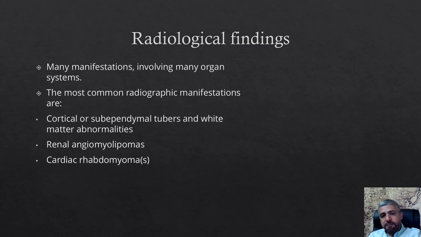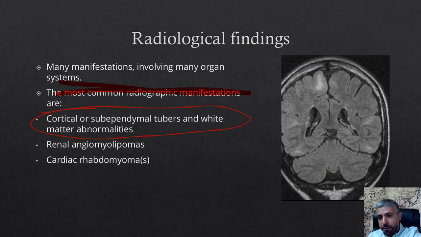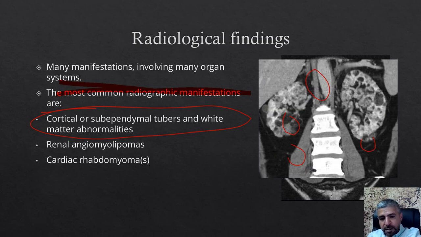For the radiological findings, we have many manifestations involving many organs. The most common radiologic manifestations are cortical or subependymal tumors or white matter abnormalities, like you can see here. These are the subcortical white matter abnormalities. We will talk about them in the coming slides. Also multiple renal angiomyolipomas.